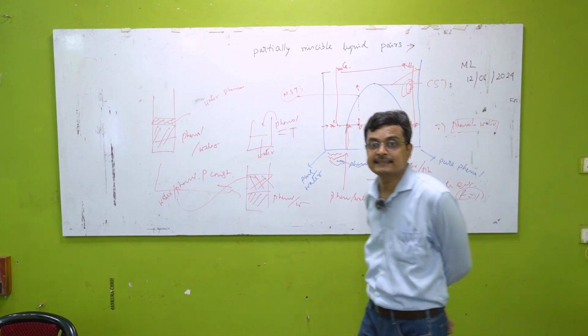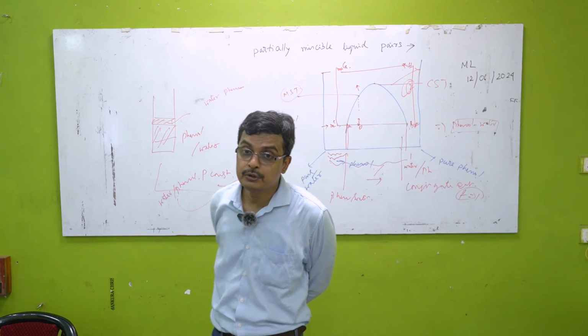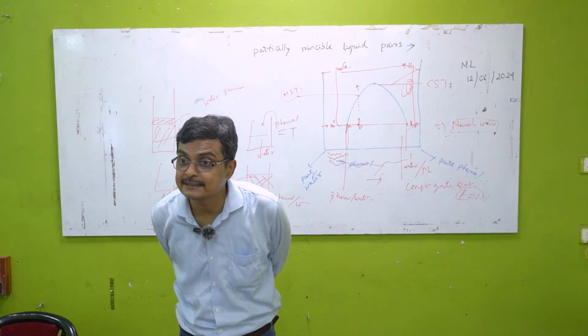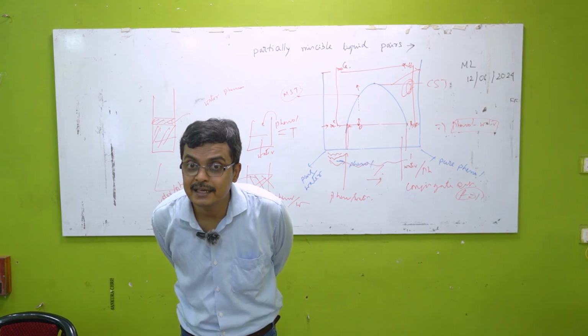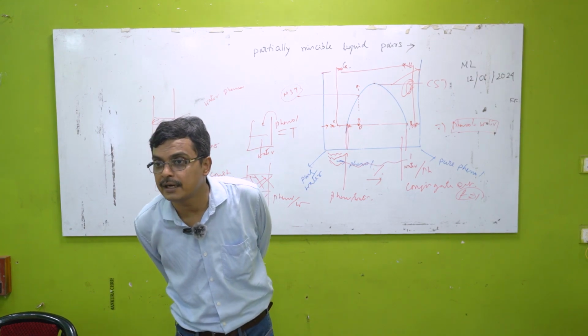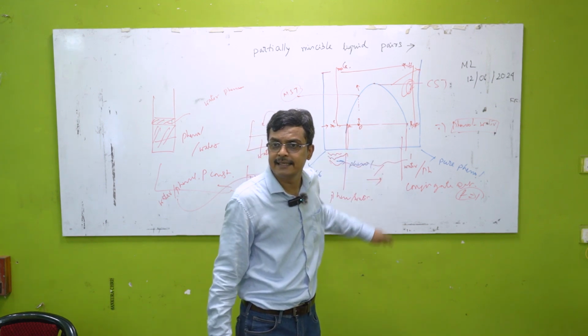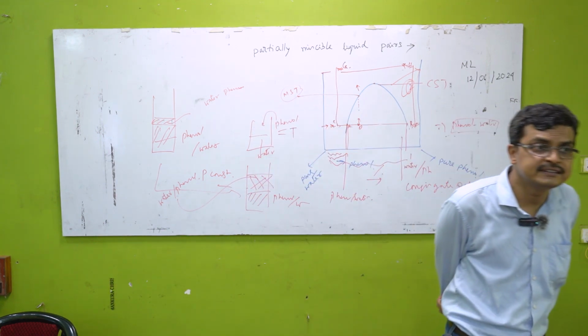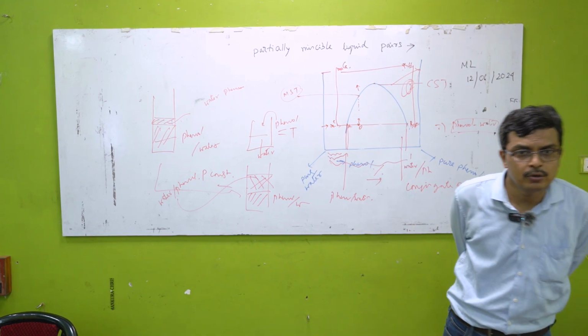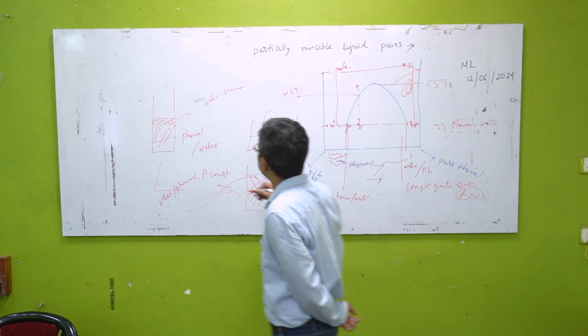And there are cases where the mutual solubilities decrease with increase in temperature. There you find the diagram just opposite to this. And that is the case of water triethylamine, where you see a lower CST, below which is 18.5.